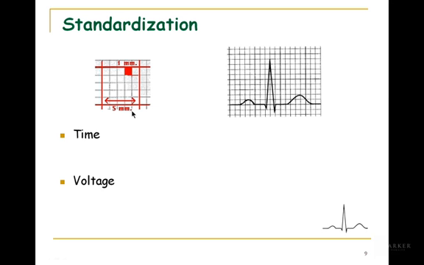If you look at the y-axis for the amplitude of the voltage, every millimeter represents 0.1 millivolts. That's the standardization. So for example, if I asked you what is the voltage of the P wave, it's 1 millimeter, so it's 0.1 millivolt.